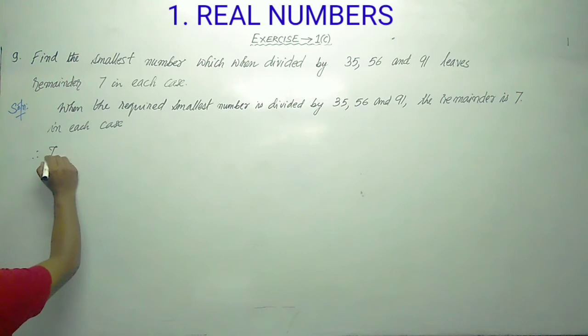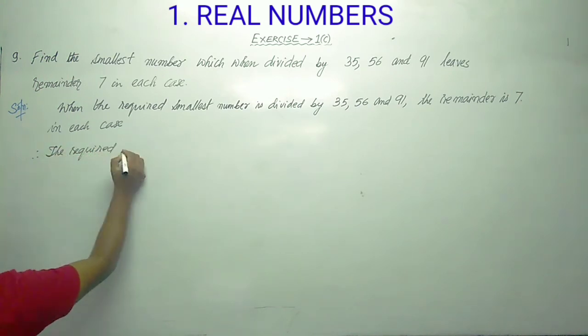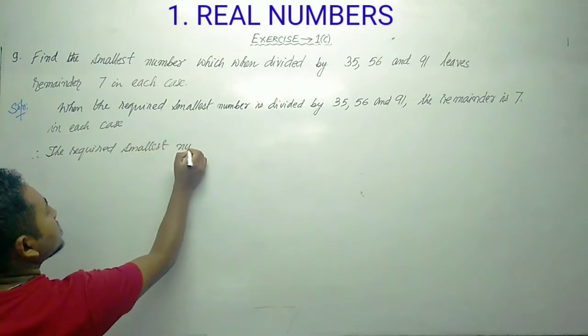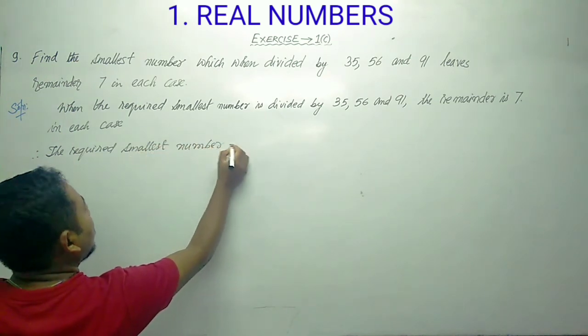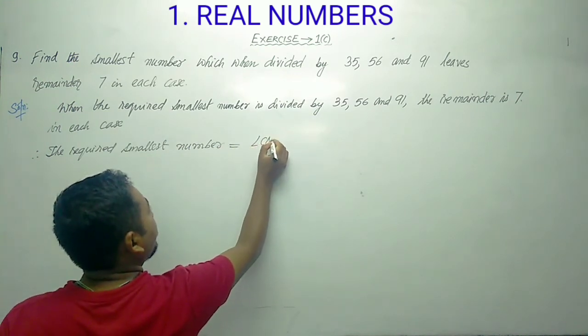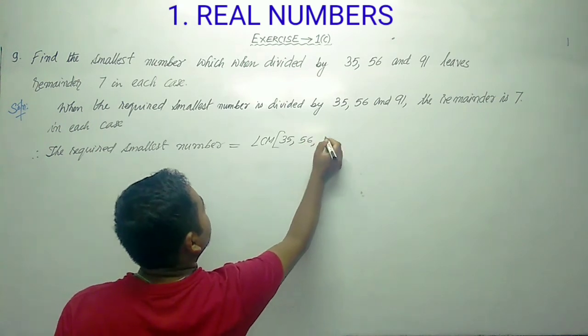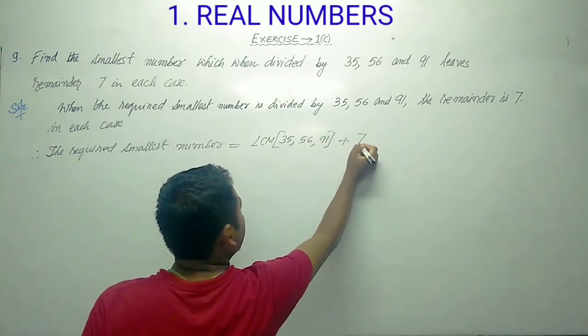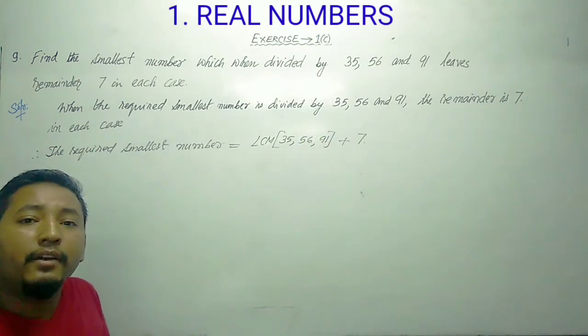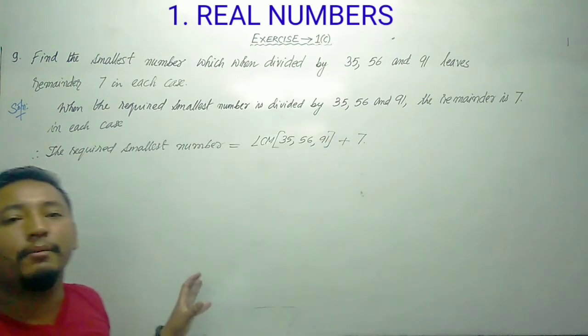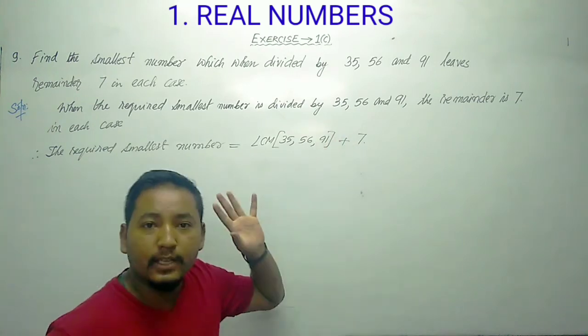So therefore, the required smallest number is what? It equals the LCM of 35, 56 and 91 plus 7. Why 7? Because if you get the remainder 7, you have to add 7 so that at the end you will get 7 as the remainder. That is why we are adding 7 here.